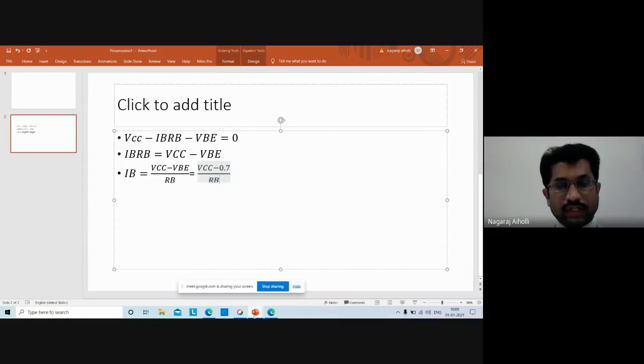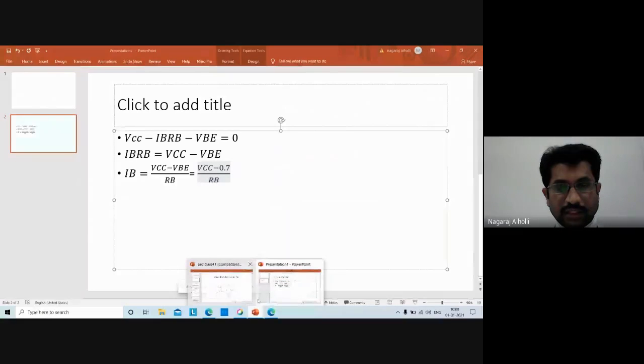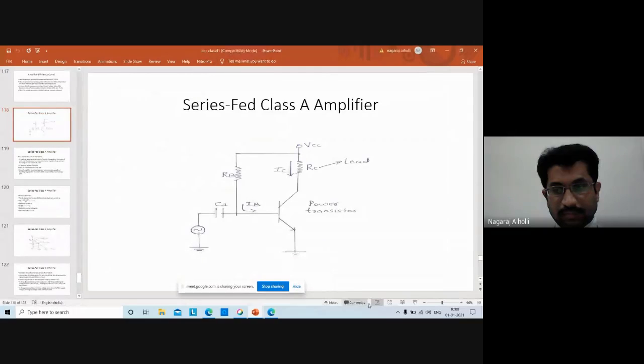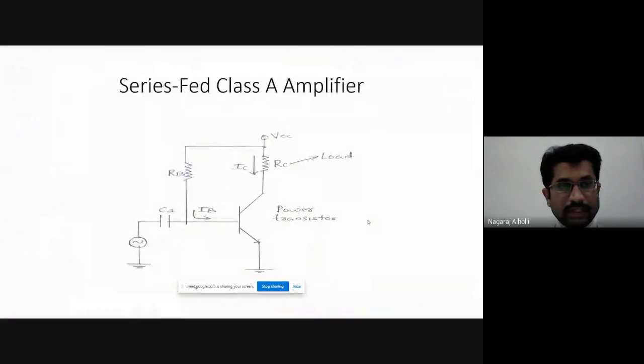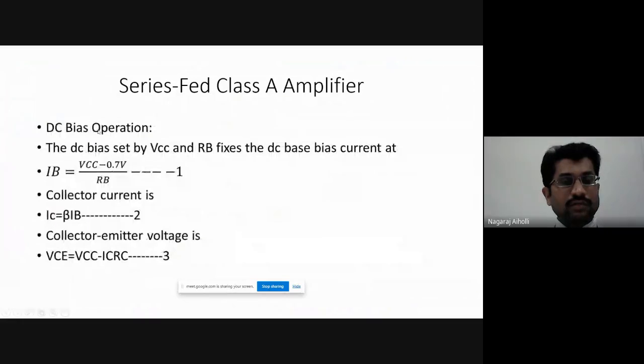This is the equation for the base current. VBE is fixed at 0.7 volts for a silicon transistor. Take it as equation 1.